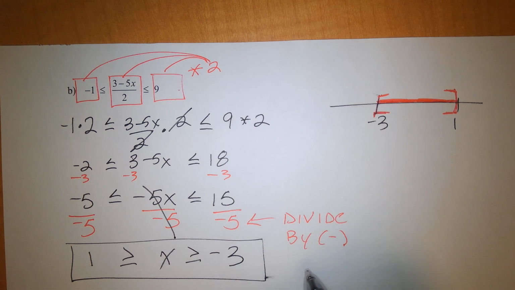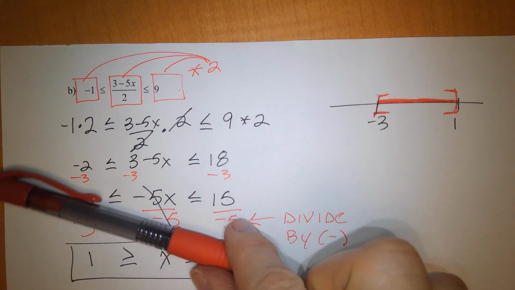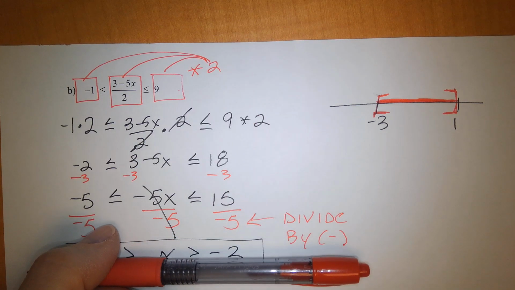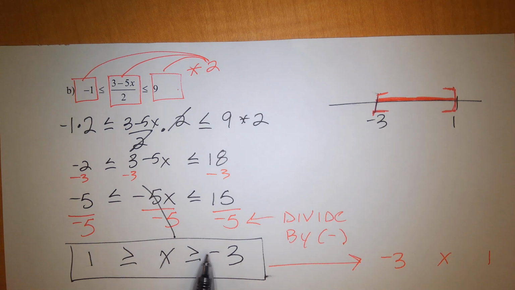Now, generally speaking, most people will reverse these so the negative is on the left and the positive is on the right. So if you took this whole inequality and you literally turned it around, it would say the same thing as negative 3 and 1, but then we also have to switch these signs around to the other direction. So these two statements actually say the same thing.